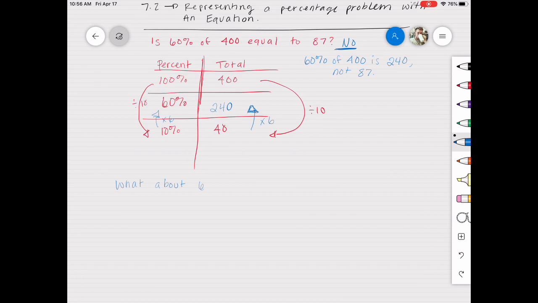If you've done your math already, or if you can recognize that 200 is half of 400, you probably already know the answer to that question is no. 60% of 200 does not equal 87 because it actually equals 120. But we'll just work on through this.